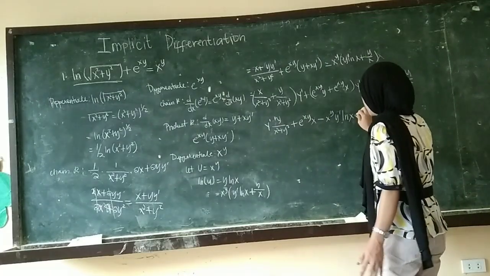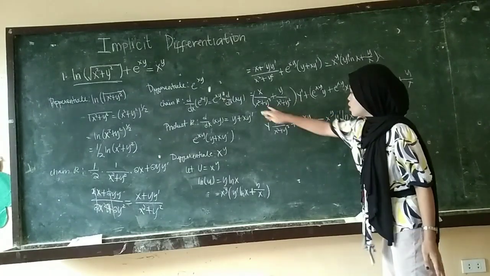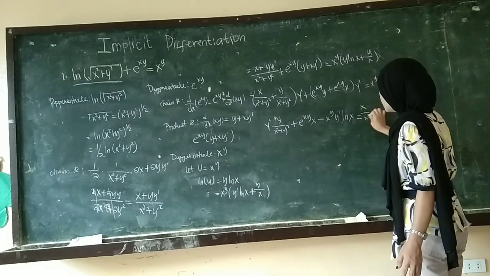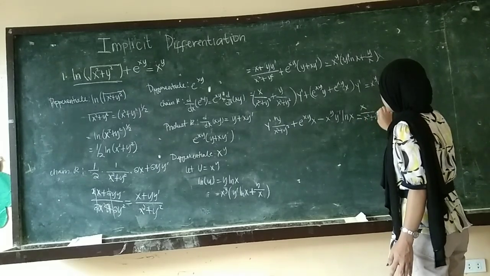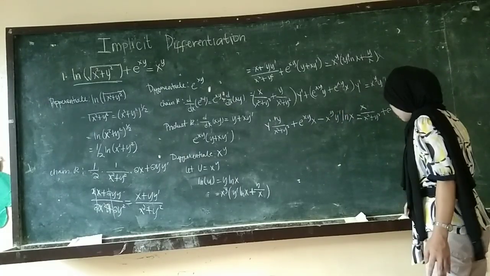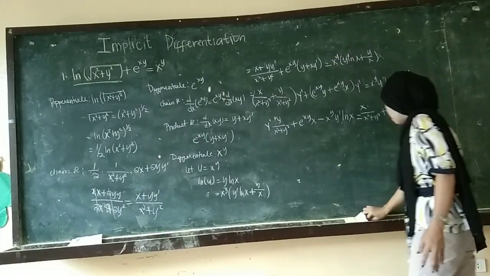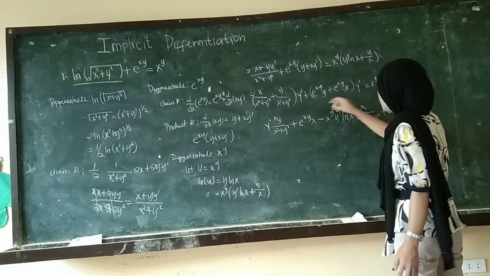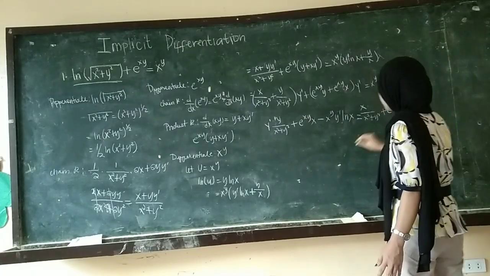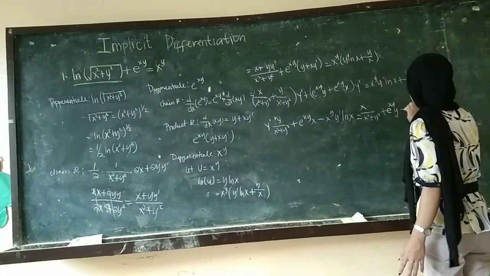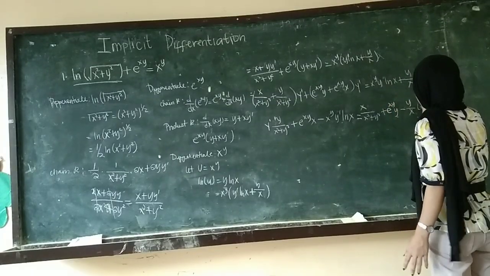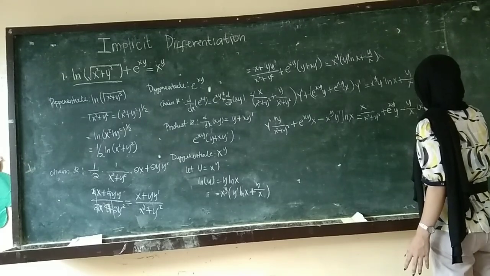So it will be equal to x over x squared plus y squared plus e raised to the power of xy times y, minus y over x multiplied by x raised to the power of y.